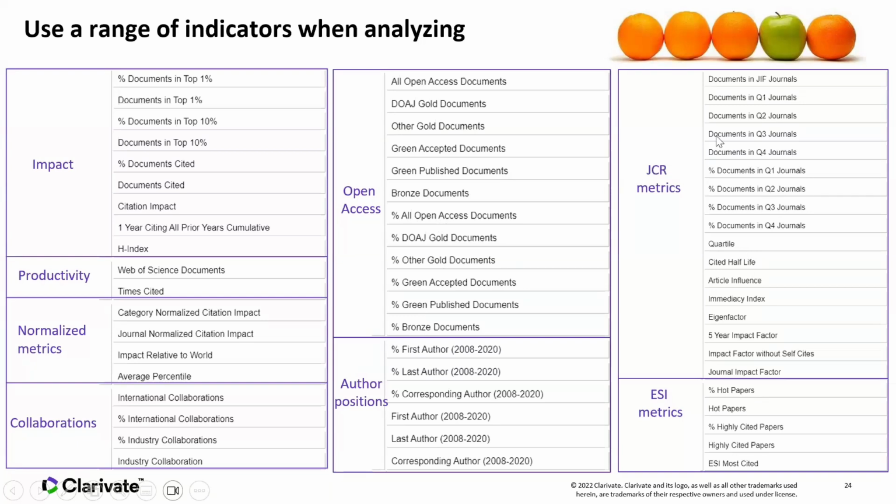On the journal citation report metrics, we're looking purely at the journal output. So we're looking at quartiles, article influence, and the immediacy indicator, which is essentially how often that particular journal was cited within the first 2 years. We're looking at the 5-year impact factor of the journal.